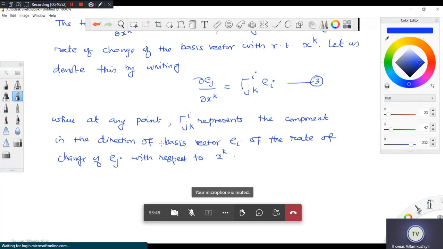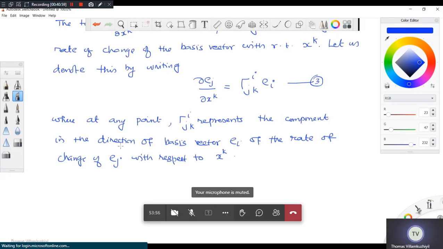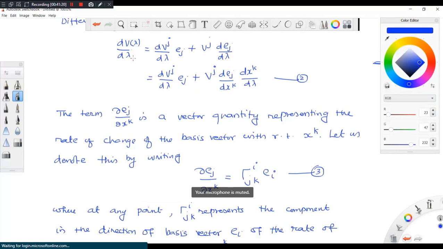Did you understand the meaning of that? If you look at this one, this is a vector derivative. Where is the vector in it? The vector is Ej.